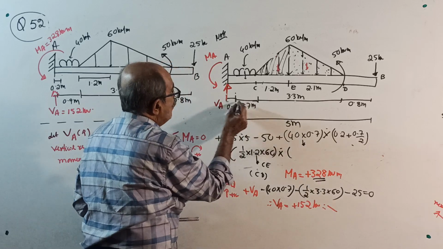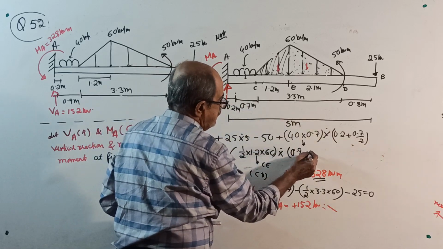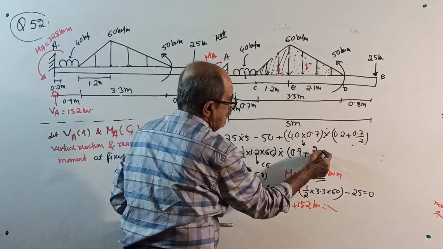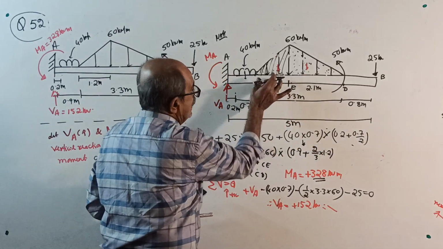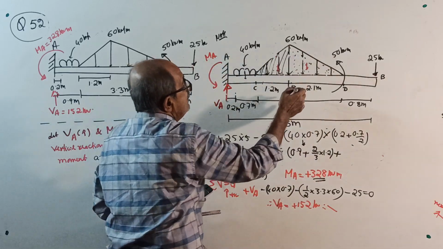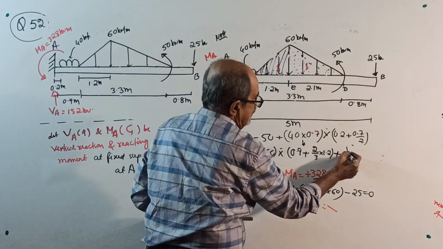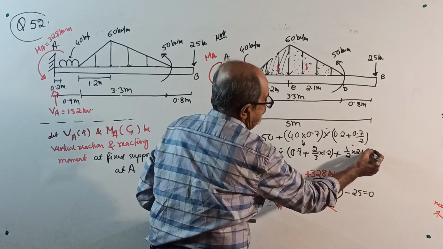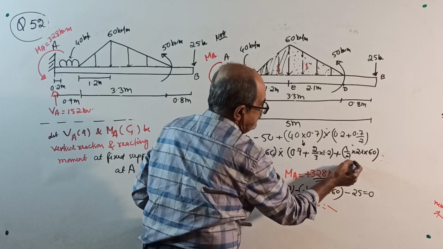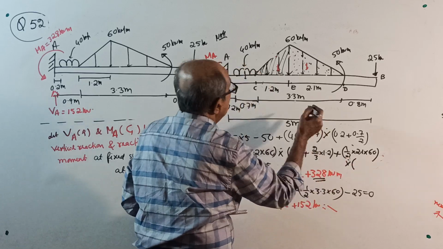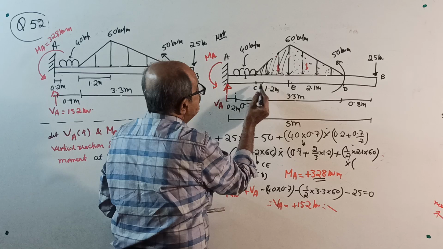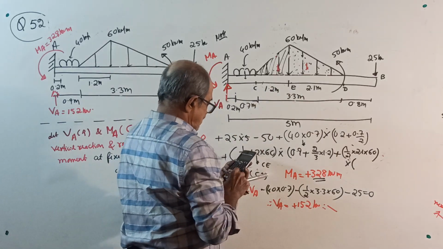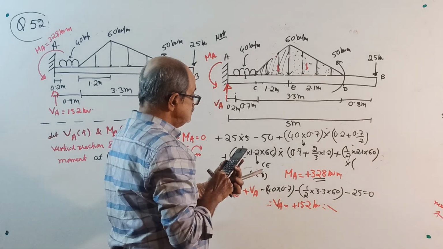Into 0.9 plus this distance is 2/3 of 1.2, this over again plus clockwise. This load half into 2.1 into 60 is the next load, space is not there, into 0.9 plus 1.2 is 2.1.